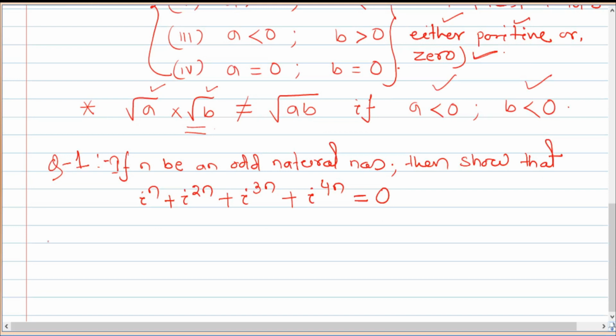You have to prove this when n is an odd natural number. Okay, now we'll take the solution of this problem.